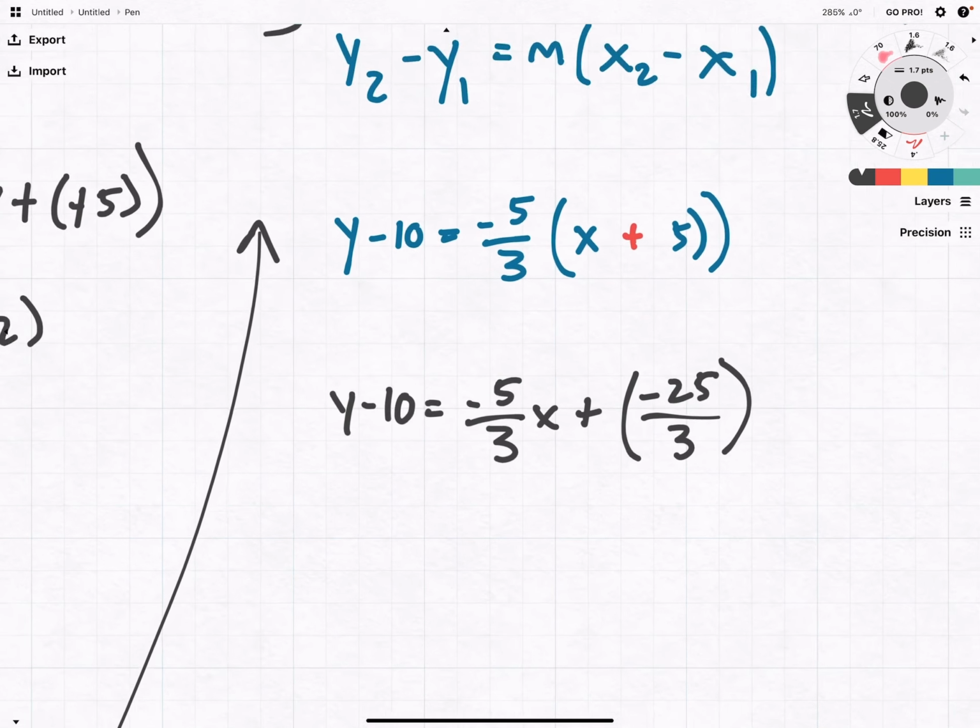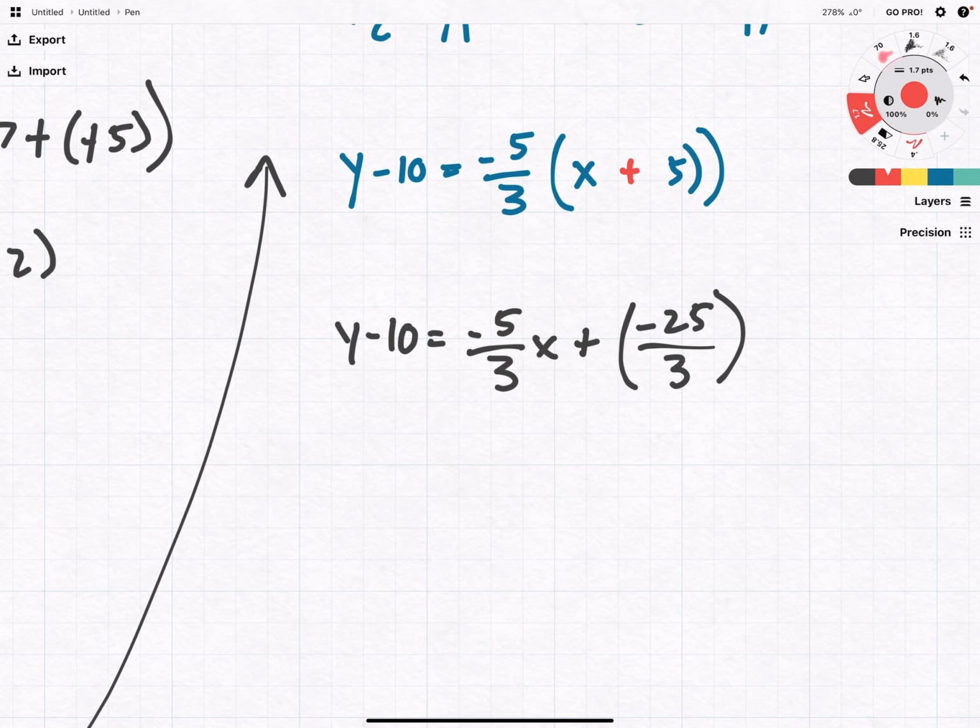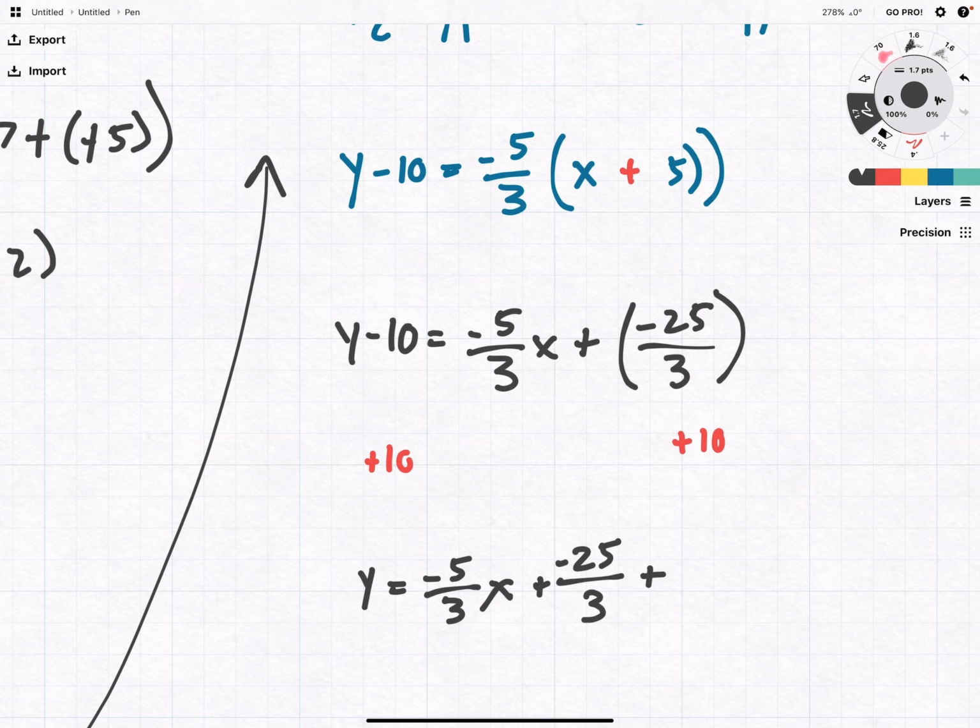Okay, now let's go ahead and add 10 to both sides. That gives us y equals -5/3 x plus a -25/3 plus 10. Well, I want that 10 to be something that I could add.